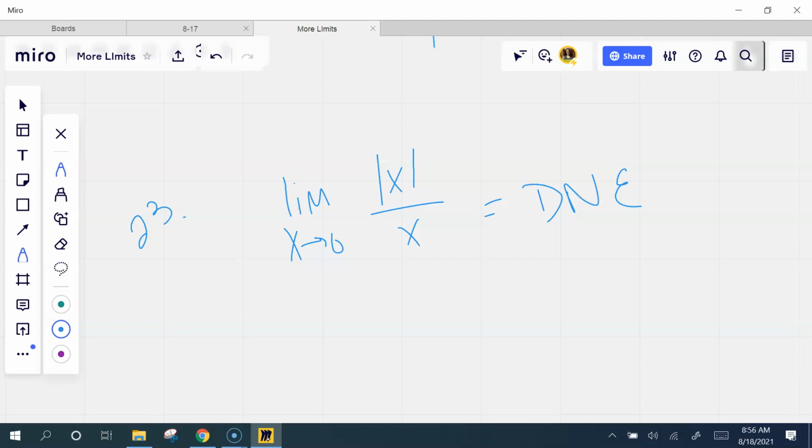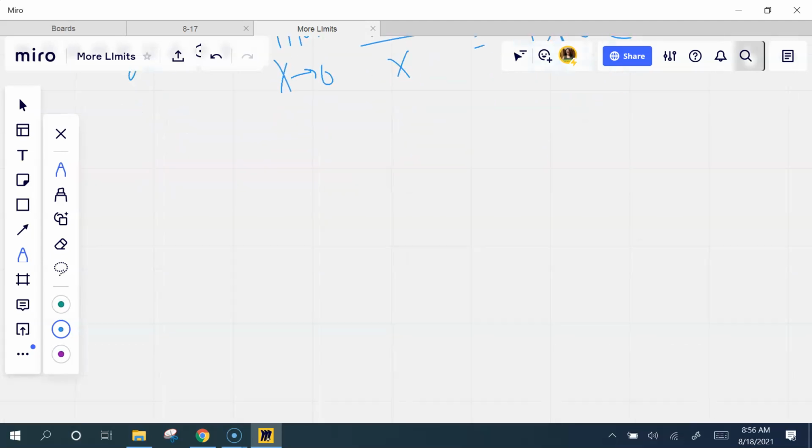Y'all are so stressed. Y'all are like, squirrel. Okay. 25 through 33: determine the limit graphically. Confirm algebraically.